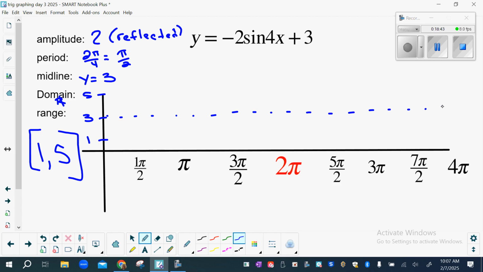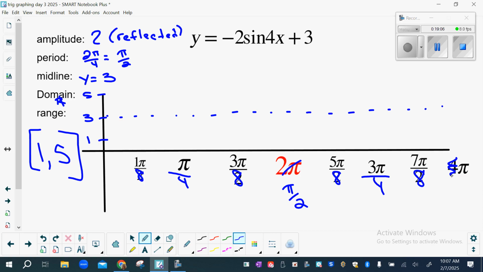Let's change our period. That's going to be 8, 4, 8. Pi over 2, 8, 4, 8. Pi. Man, you're out in 1 pi, 1 minute.